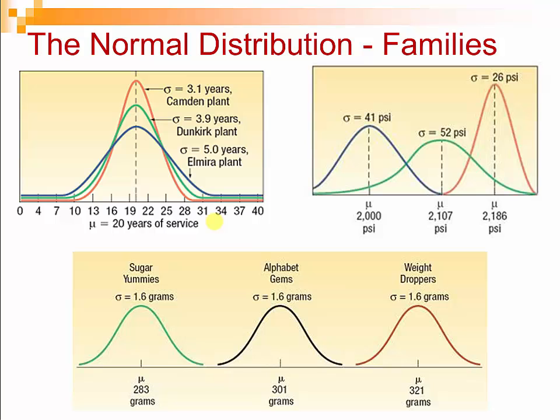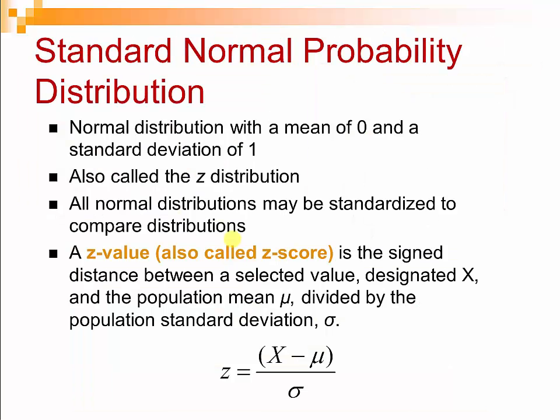The standard normal distribution is unique because it has a mean of 0 and a standard deviation of 1. Any normal probability distribution can be converted into a standard normal probability distribution by subtracting the mean from a particular observation and dividing this difference by the standard deviation.